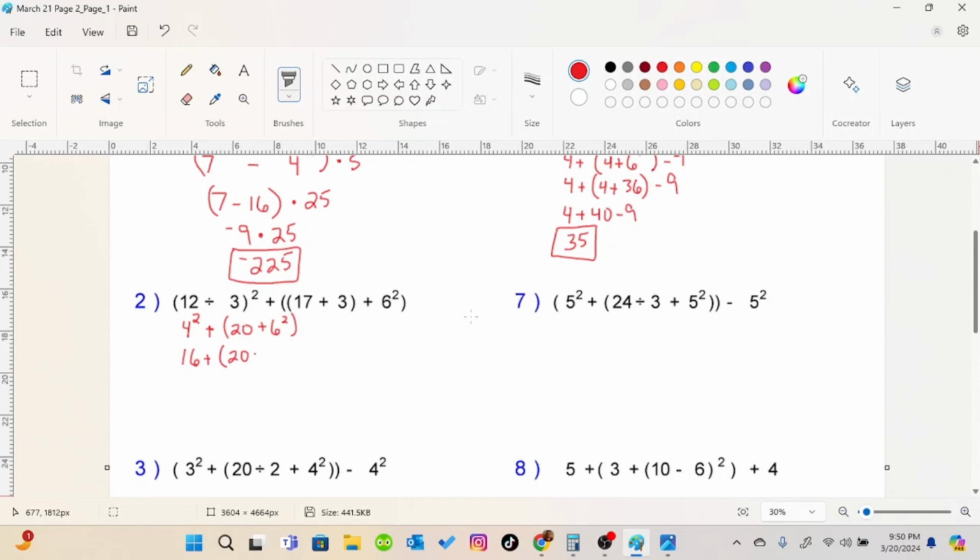And 6 squared is 36. And now I'll do the parentheses. 20 plus 36 is 56. And finally, 16 plus 56 is 72. So my final answer is 72.